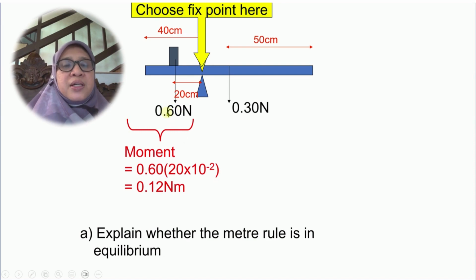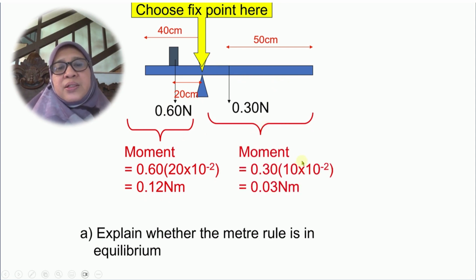The force is 0.60 Newton times the distance from the fixed point, 20 centimeter, converted to meter. The moment about the fixed point is 0.12 Newton meter. Then for the ruler itself, the weight is 0.30 and the distance from the fixed point is 50 minus 40, so that means 10 centimeter.